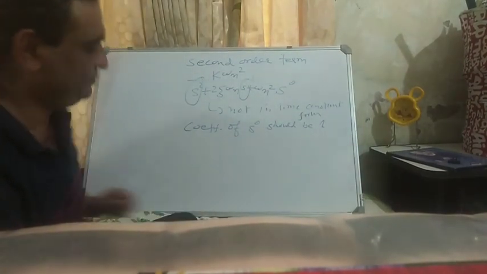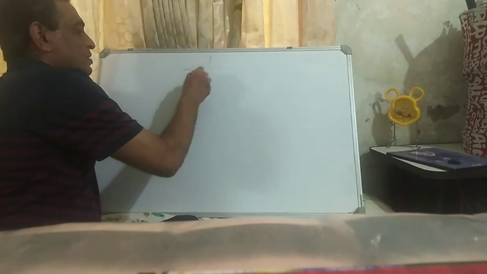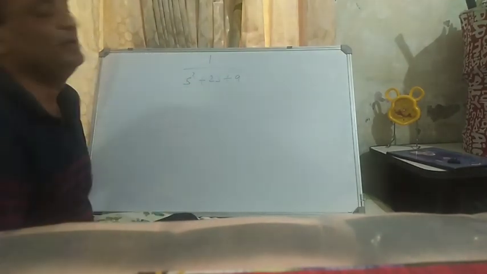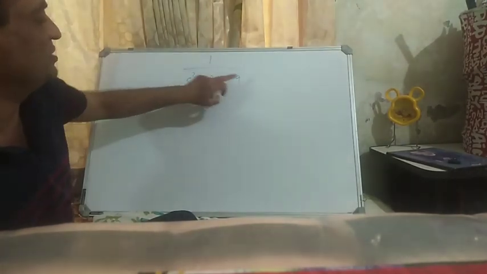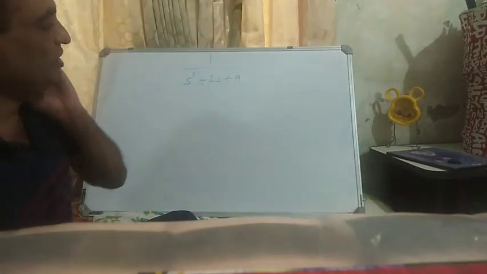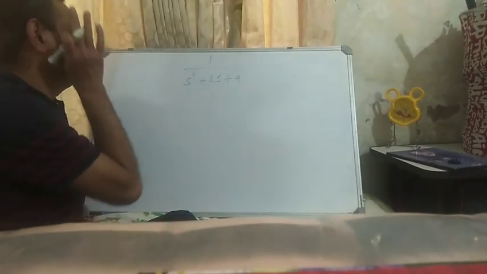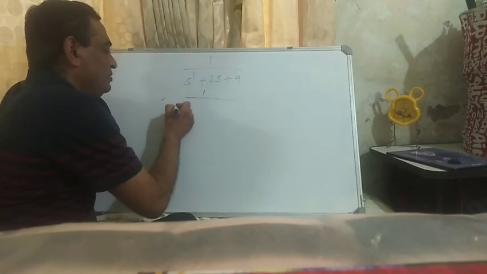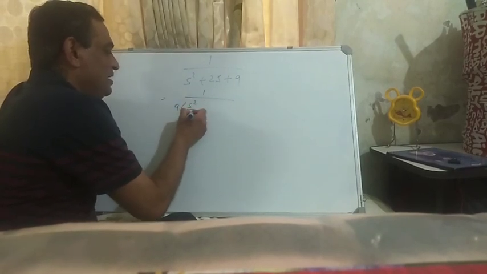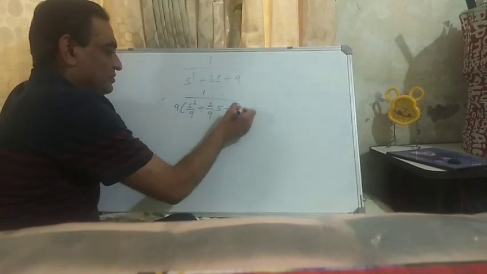So let's say 1 upon s square plus 2s plus 9. The s raised to 2 coefficient is 1, the s raised to 1 coefficient is 2, and the s raised to 0 coefficient is 9. So I need to convert it into a time constant form. How can I do that? 1 upon, I can take 9 common, so s square by 9 plus 2 by 9 s plus 1.